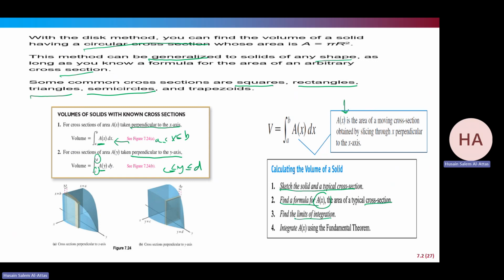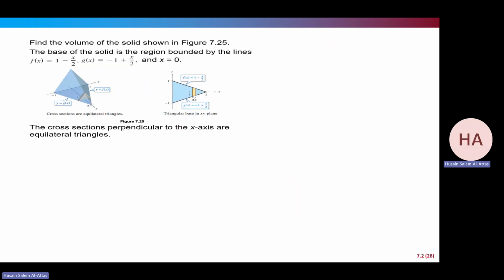Find the limits of integration. Do the integral. For example, I have a square, like in this case, a cross section perpendicular to the y-axis. Every time we have a different cross section. Before we had only circles, now we have different cross sections.